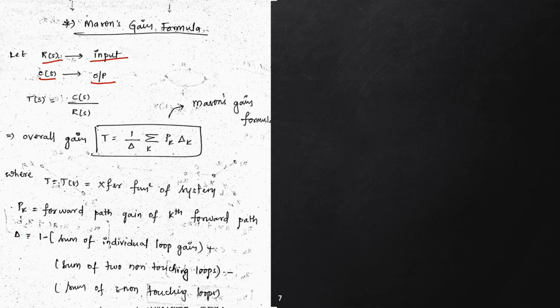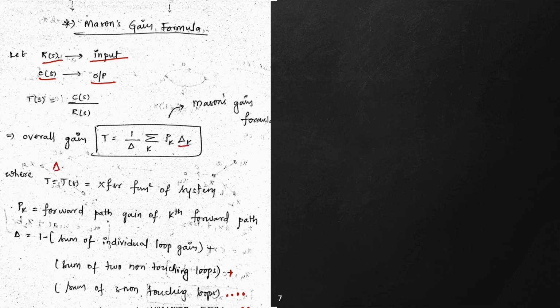So delta is nothing but 1 minus the sum of individual loop gains plus the sum of two non-touching loop gains. We already know what individual loops and non-touching loops are. Depending upon the number of non-touching loops available in the system, this formula goes on extending: the sum of two non-touching loops, plus the sum of three non-touching loops. And here we have delta k.